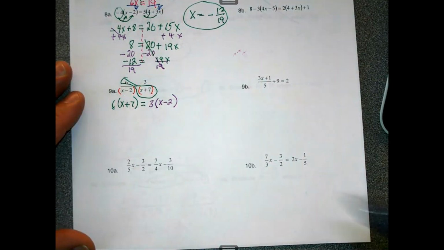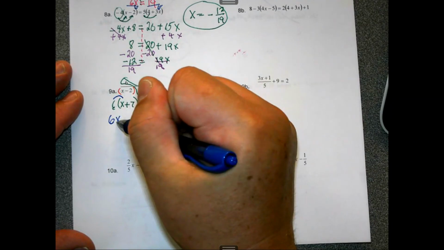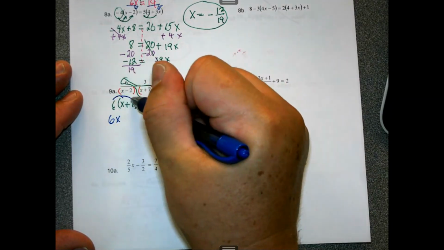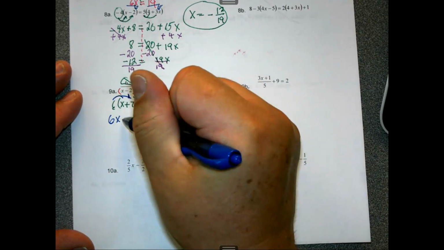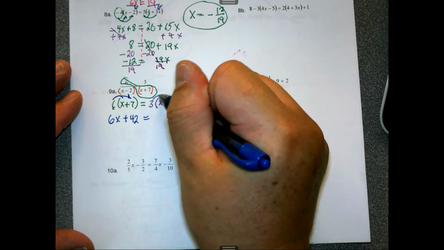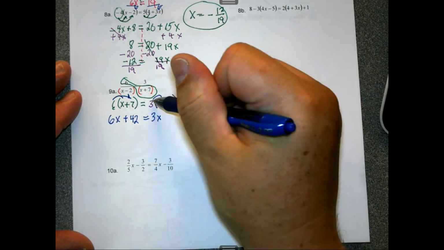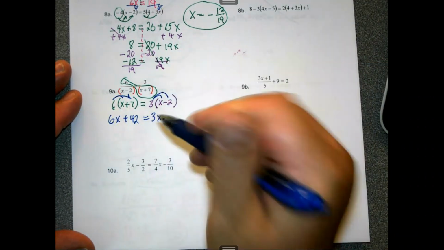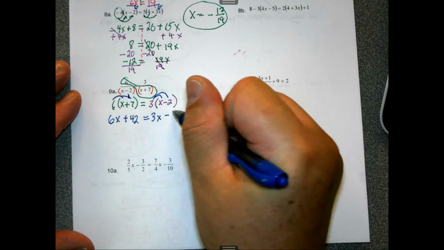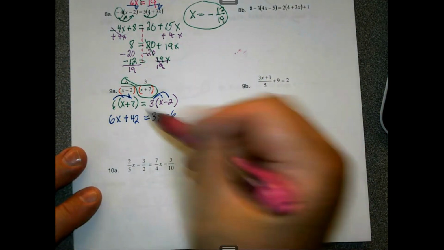We're going to distribute 6 times x, 6x, 6 times 7, 42, 3 times x, 3x, and 3 times negative 2, negative 6. Solve for x.